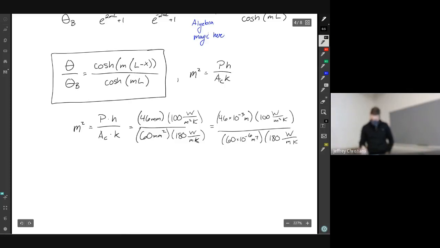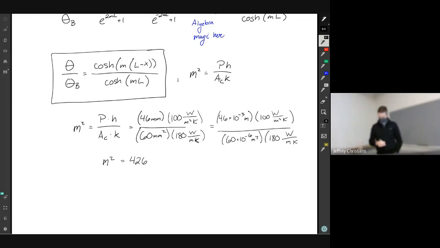Okay, so m squared, if we calculated it, would be equal to 426. So m is 20.64. Okay, so this value m is going to be a unitless number from our collection of constants.